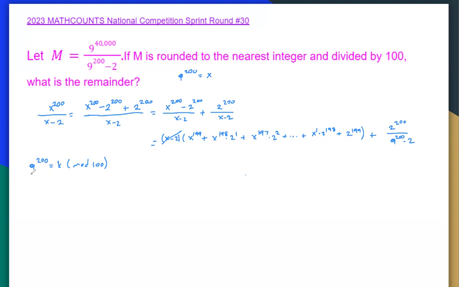Again, 9 and 100 are relatively prime, so we can use Euler's totient function. If you don't know the totient function either, I'm going to add some resources in the description you can take a look at. The totient function is basically when you are trying to find the number of integers that are relatively prime to any given number, for example, 100. There are two main ways people use it, but this is what I like.